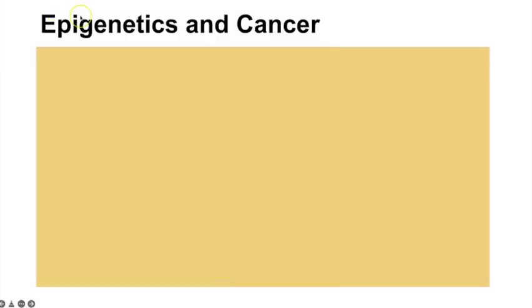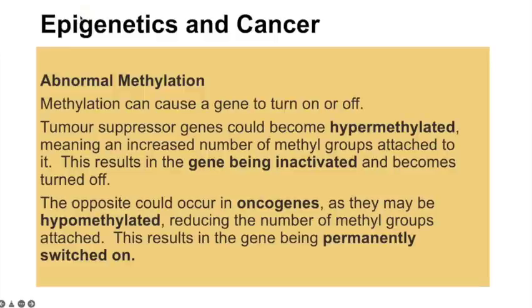Now, we said that epigenetics can also link to the cause of tumours, and that was because of abnormal methylation. We looked at how methylation can cause genes to be turned on or off, and if a tumour suppressor gene becomes hypermethylated, that means there's an increased number of methyl groups bound to it, and that results in the gene being inactive and switched off.